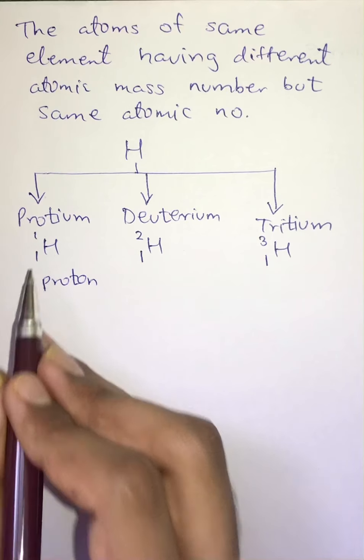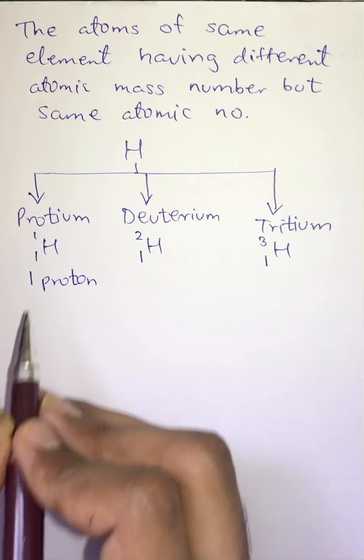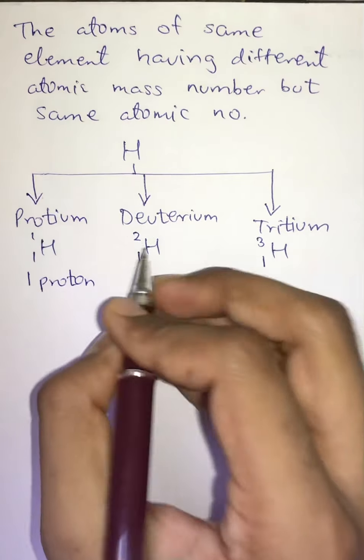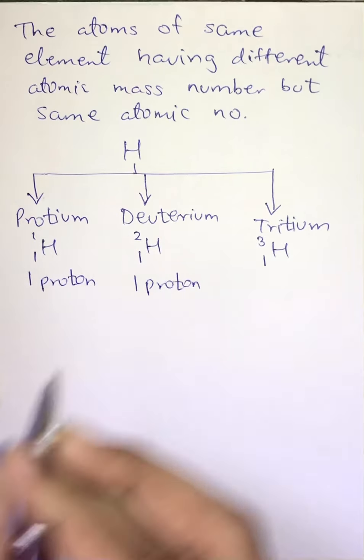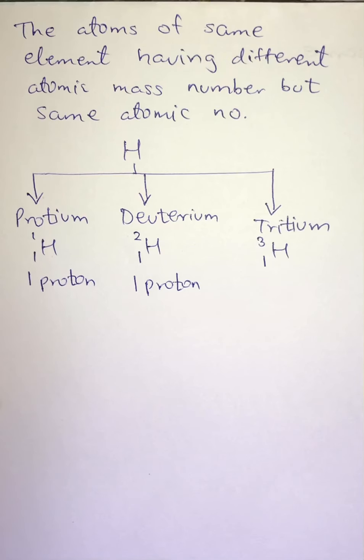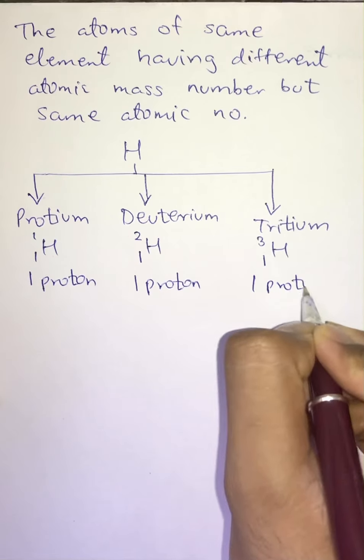Because atomic number is nothing but number of protons. So since the atomic number is 1, there is 1 proton present in protium. Similarly, there is 1 proton in deuterium, because the atomic number of deuterium is 1. Similarly, in tritium there is 1 proton.